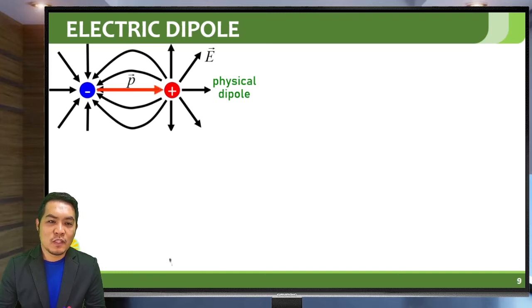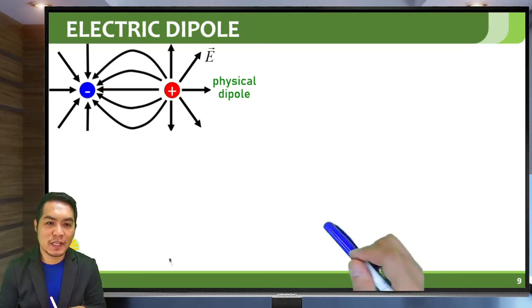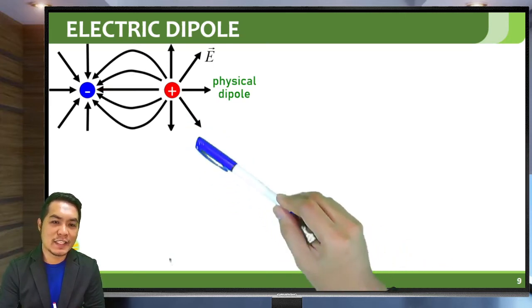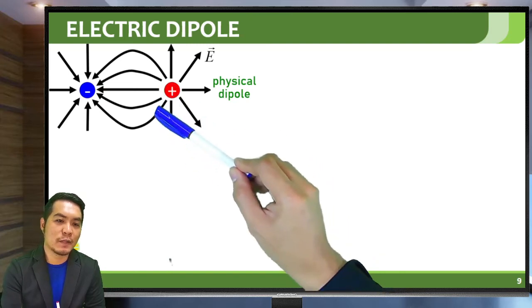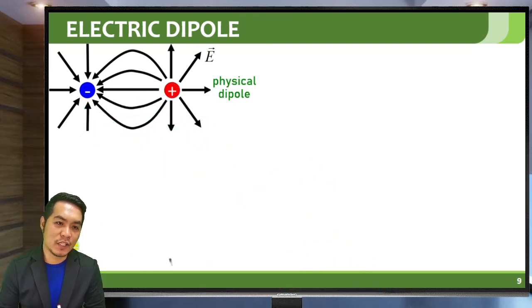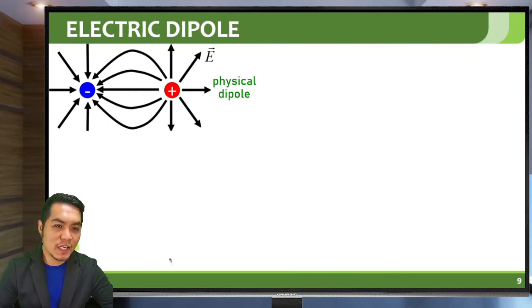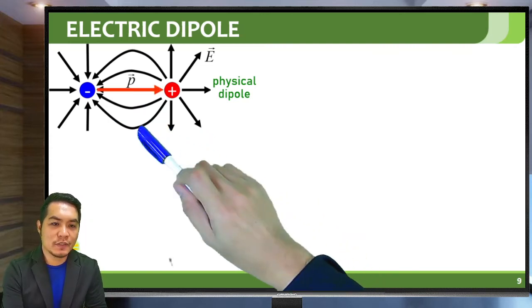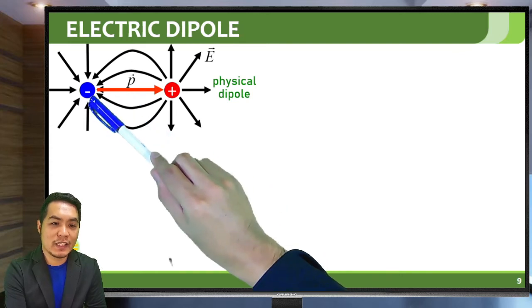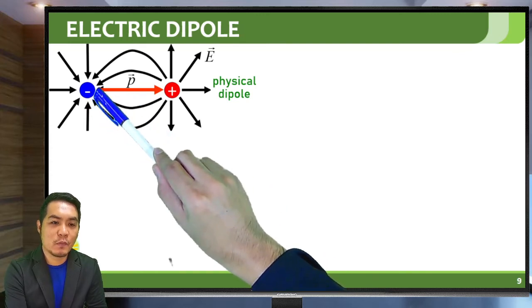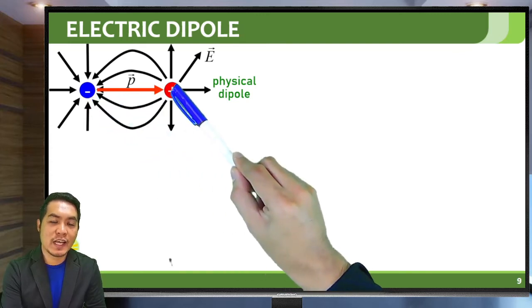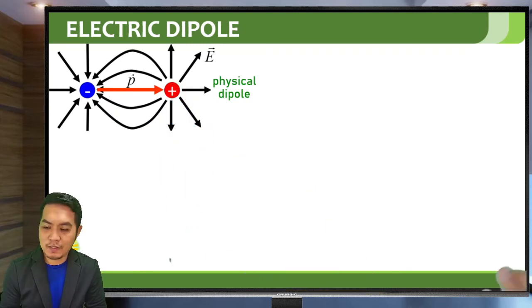This is the electric field pattern. You will notice that the electric field lines come from the positive charge and point towards the negative charge. So the dipole moment is opposite in direction to the electric field in this region. The dipole moment is always directed from the negative charge towards the positive charge.